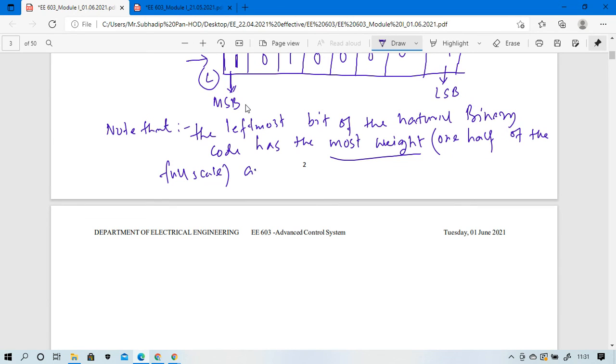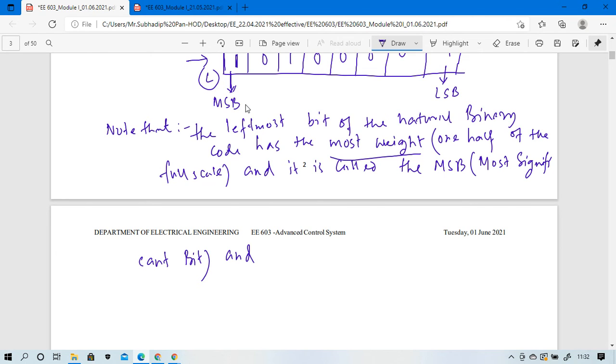It is called the most significant bit, or MSB. And the least significant bit, LSB, is at the extreme right.